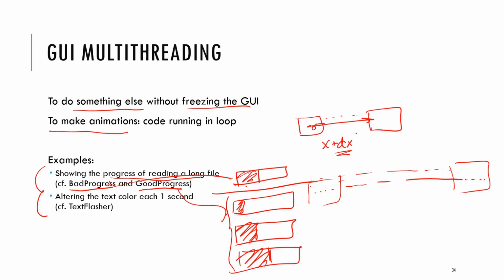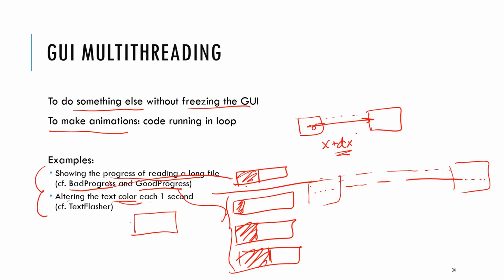The other example would be a simple animation that alters a certain text color or button color each 1 second. So we will use an infinite loop, and if the background color is, let's say, equal to white, we'll make it gray, and otherwise, if it's gray, then we would make it white back again.